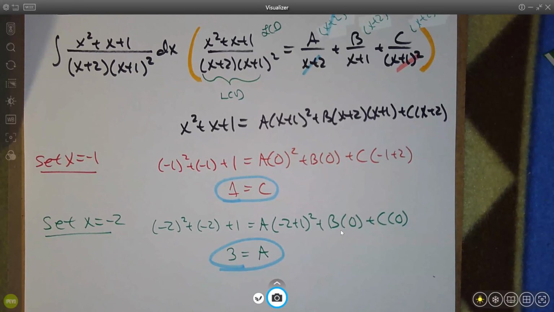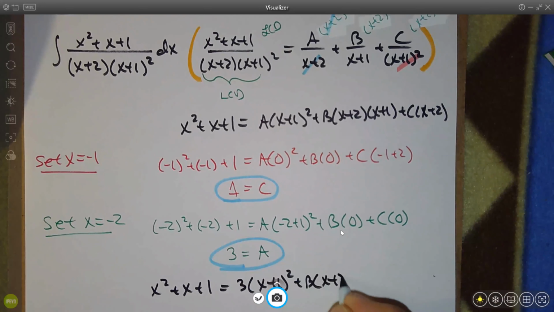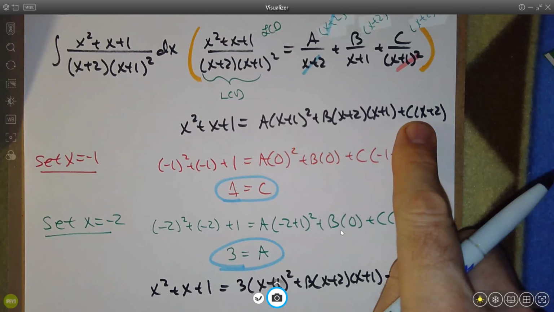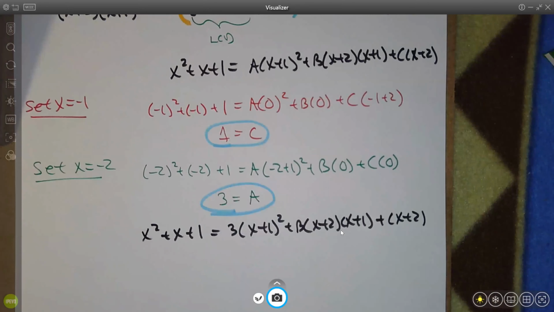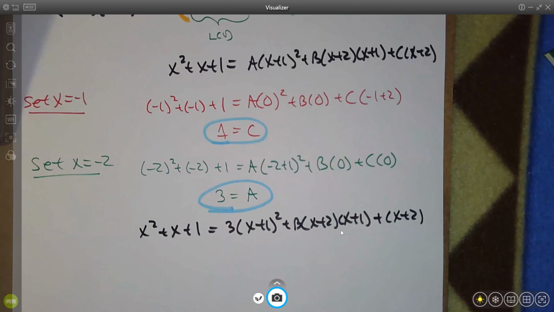So let me rewrite this for just a second. That's going to be x squared plus x plus 1 equals 3 times (x plus 1) squared plus b times (x plus 2) times (x plus 1) plus c, which is 1. So it's just going to be x plus 2. Now if I set x equal to some value, the only unknown in this would be b.